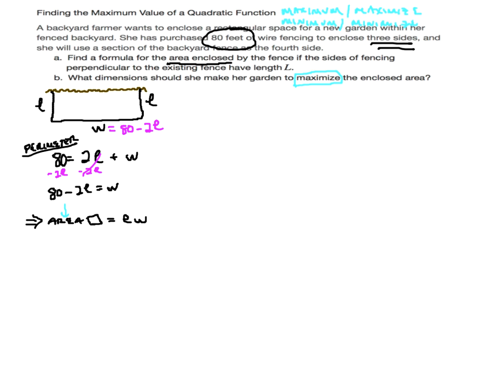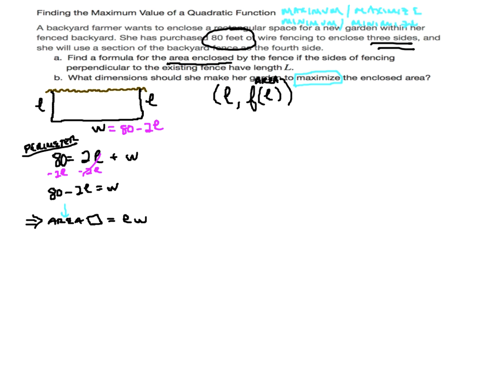So I move down to my area formula, which, since I'm putting everything in terms of length, every point that I come up with is going to be in the form of length and then the function of the length. No, I'm sorry, that's the area.